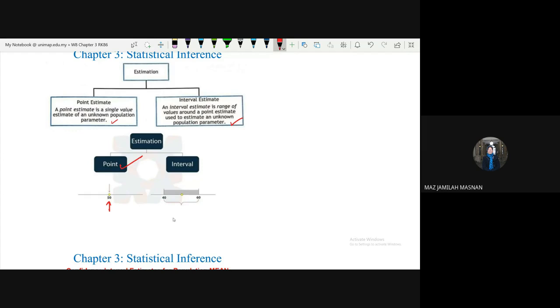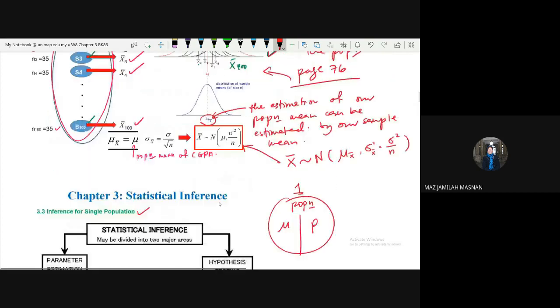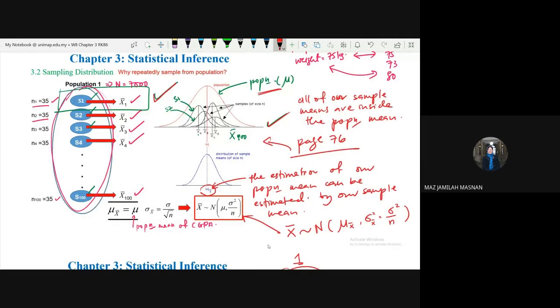Now, there will be a case whereby point estimation will not be helpful for you, knowing that our samples will vary. Our first sample, second sample, third sample, until our last sample, will give different values.